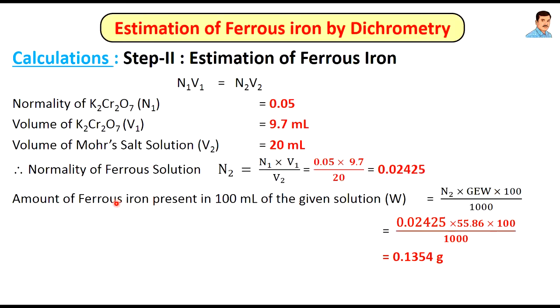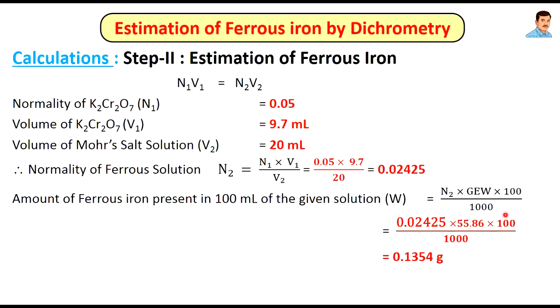Now the amount of ferrous iron present in the given 100 ml of the Mohr salt solution is given by the formula W is equal to N2 into gram equivalent weight of ferrous iron into 100 by 1000. Here N2 is 0.02425, which we just calculated, into the gram equivalent weight of ferrous iron, that is 55.86. This is the fixed value, into 100.